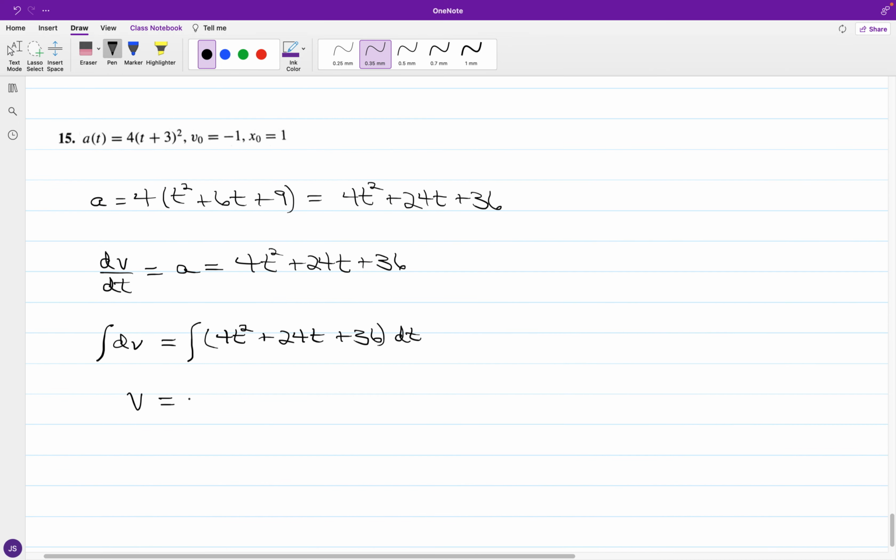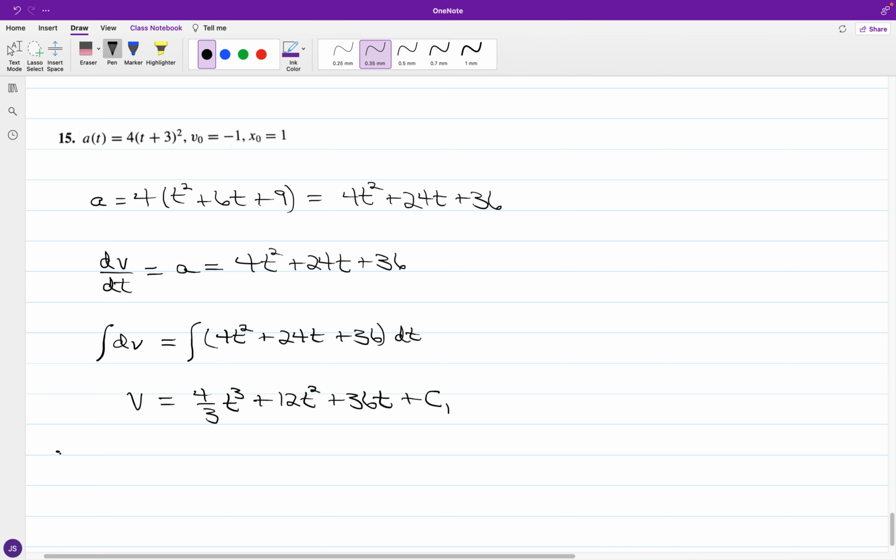So you have that v is equal to 4/3 of t cubed plus 12t squared plus 36t plus the constant c sub 1.